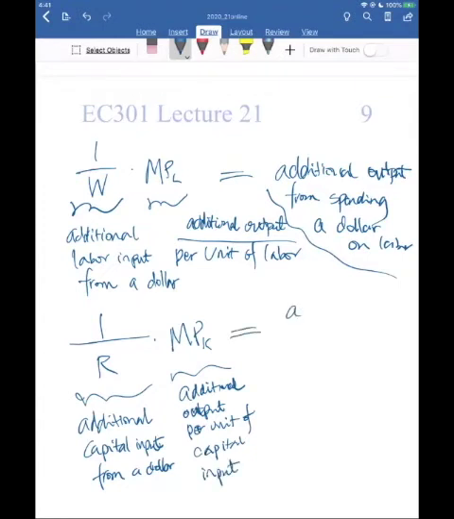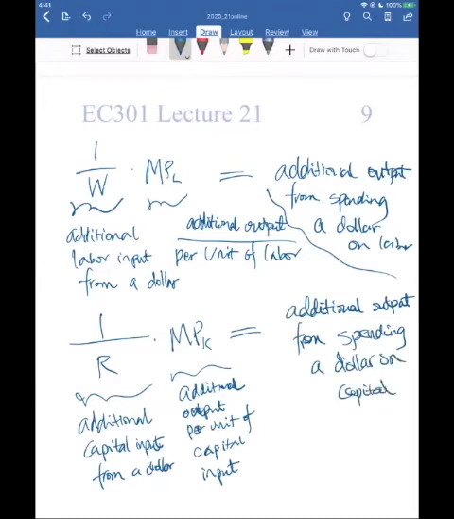So this is the additional output from spending $1 on capital.